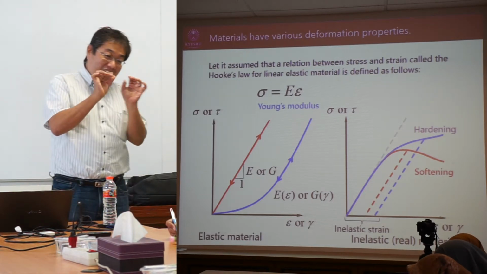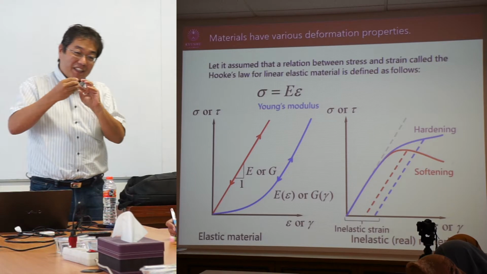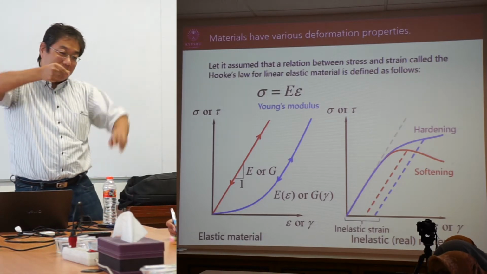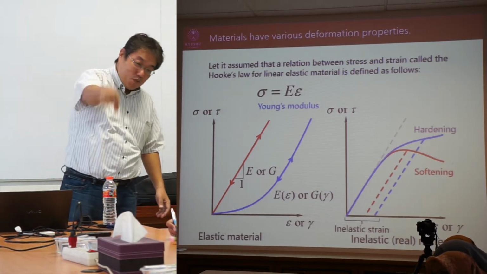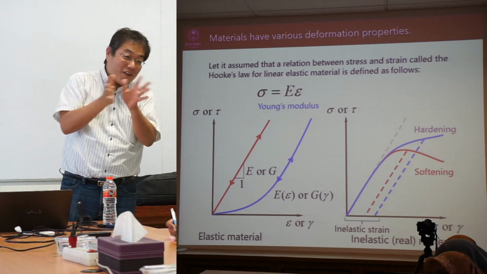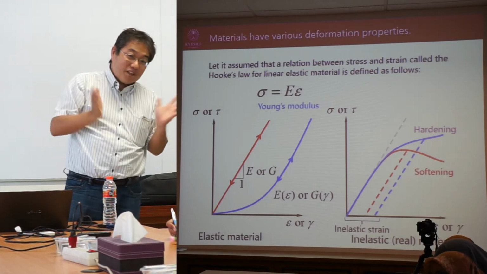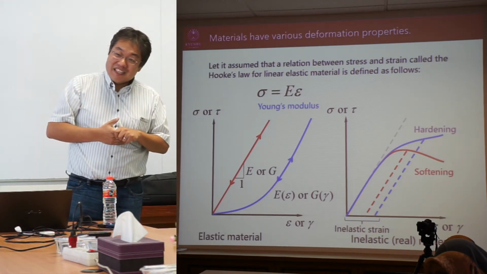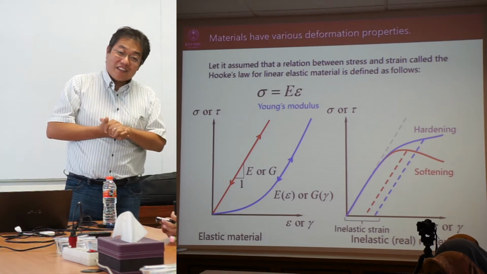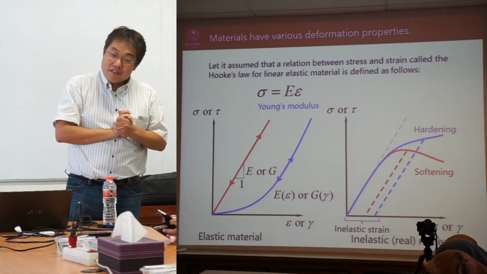The shape is memorized by the deformation like that. But if the material is put in hot water, all memory is completely eliminated. That kind of property is quite different from the elastoplastic constitutive relation, which I will explain from now.